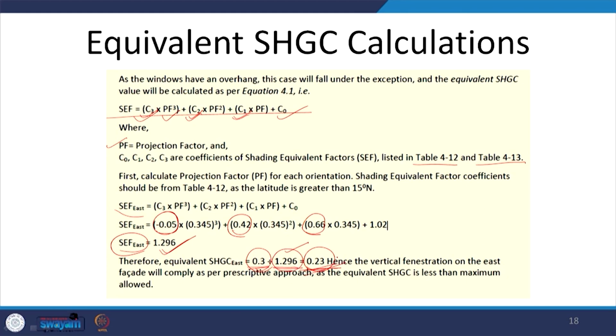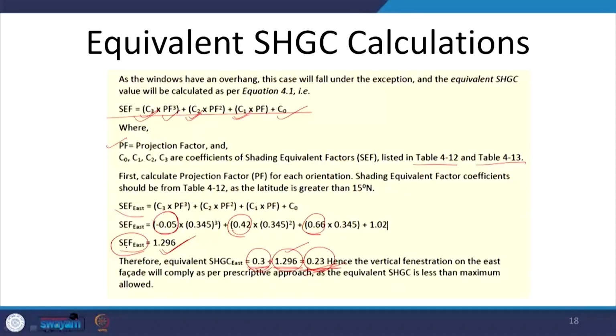So, instead of using a fenestration which has a lower SHGC, we can actually use an SHGC which is higher and still obtain an SHGC which is well within the prescriptive limits by dividing it with the equivalent shading factor, the SEF, and we can still comply with the requirements of the ECBC.